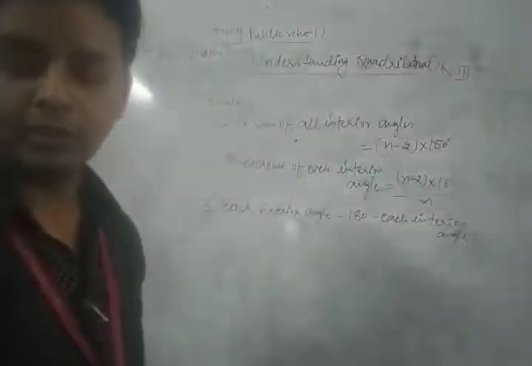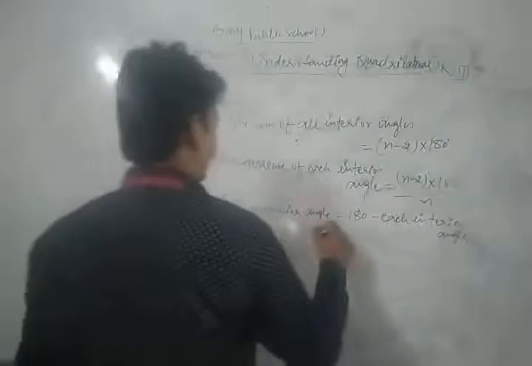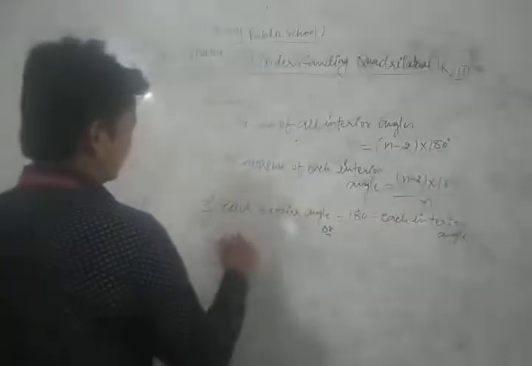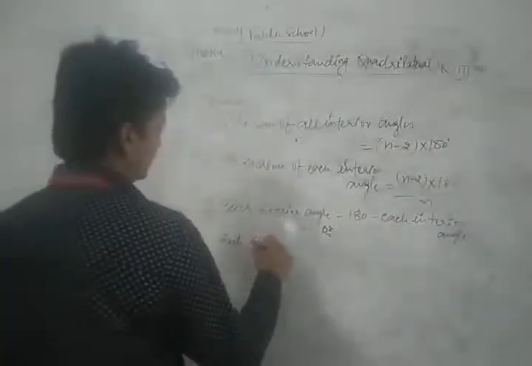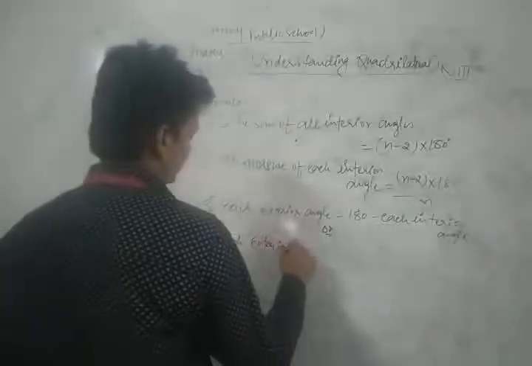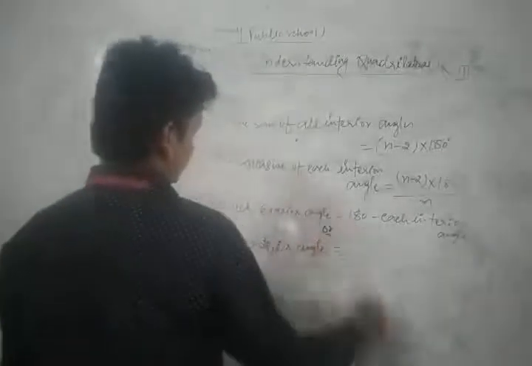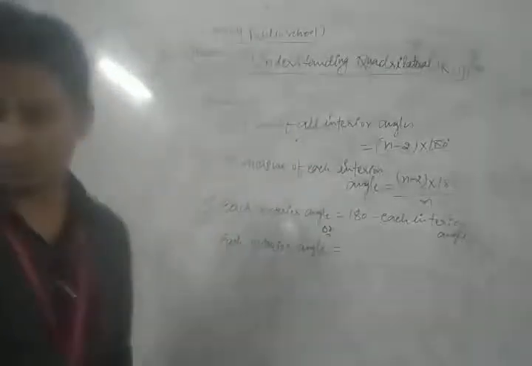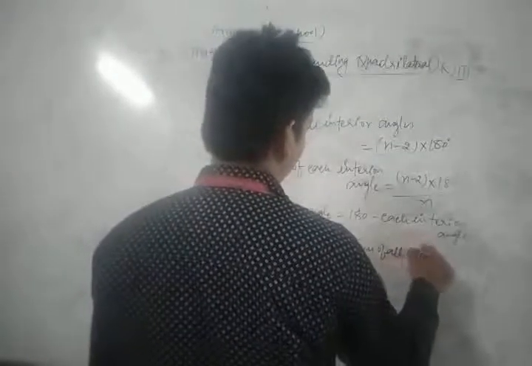We also have another formula to find each exterior angle. Each exterior angle is equal to the sum of all exterior angles, which is always 360 degrees, divided by the number of sides.